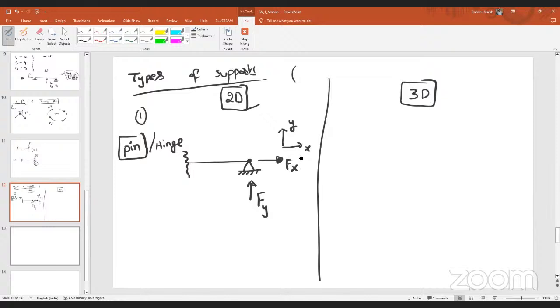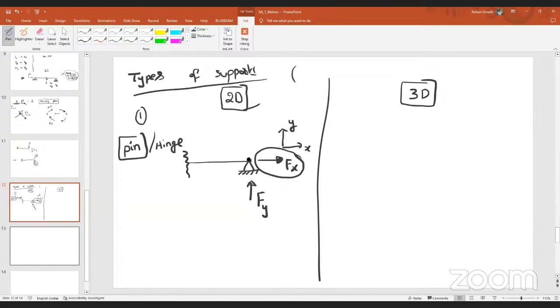First of all, tell me why the reaction force along the X direction is developing here. Translation. What this hinge support is doing is that it will not allow any deflection along the X direction. How will it not allow the deflection? By applying the resisting forces.